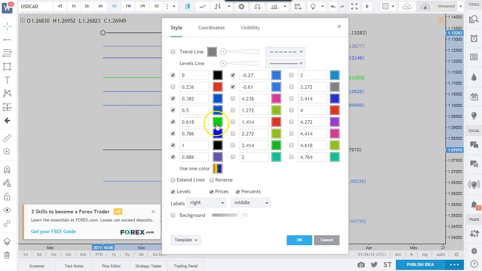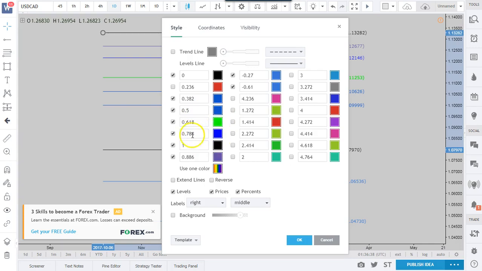There is a reason why I'm using this green color for this one, because this is a special fib number. It's the golden ratio. Each time price comes into the 0.618 retracement, price normally rejects from this level.